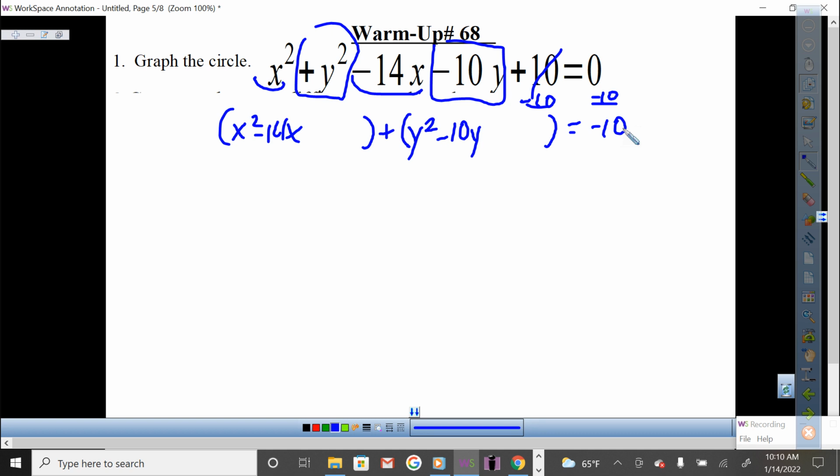How do we complete that square for each of those? Zachary, what do I do here? It's negative 14 over 2 squared, yes. And do that to the other side as well. And then? Negative 10 over 2 squared.